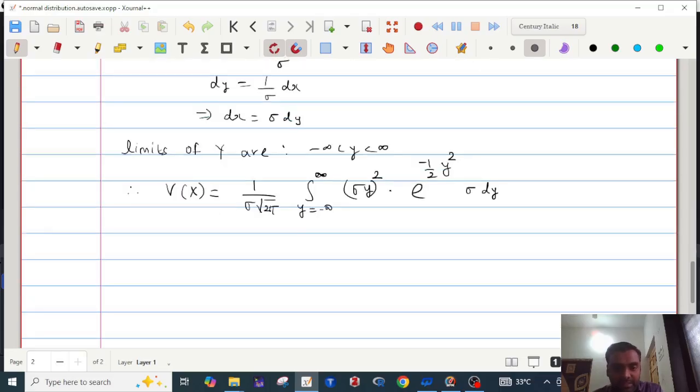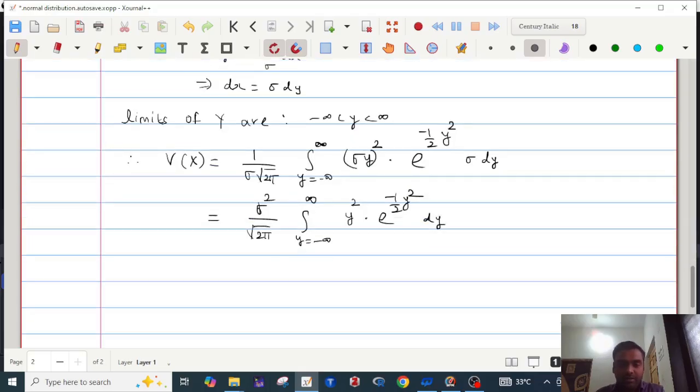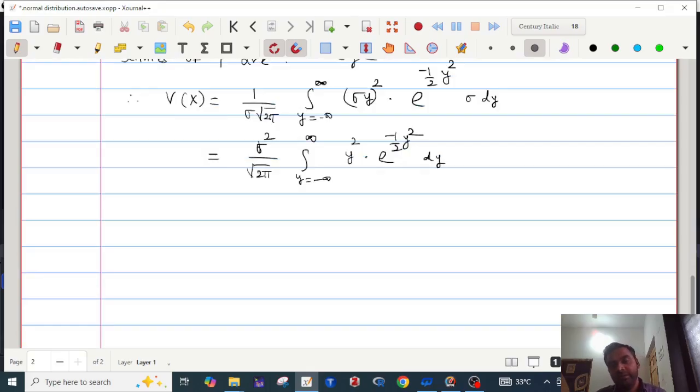This sigma gets cancelled here. What remains? 1 upon under root 2 pi, y is from minus infinity to infinity, sigma square into y square. Sigma gets cancelled. Take this sigma square outside here. Y square into e raised to minus 1 half y square dy. So if you observe this, this will be solved.